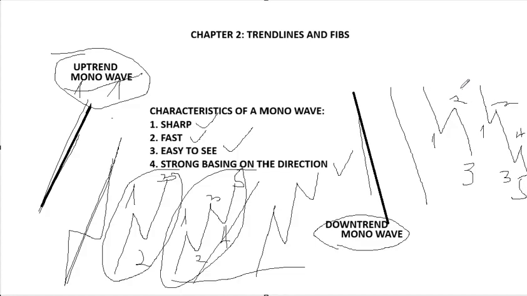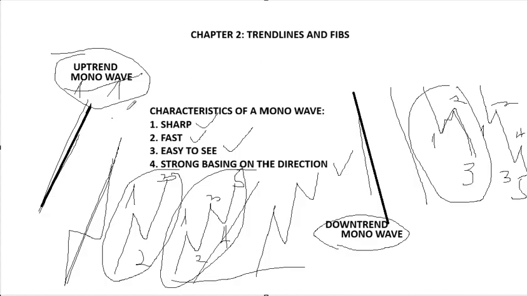All these are also regarded as mono waves, or our first impulse to the downside, as long as it is sharp, it is fast. Even though it's correcting, it should correct a little bit and then go to the downside, alright, sharply. So that is also called a mono wave.